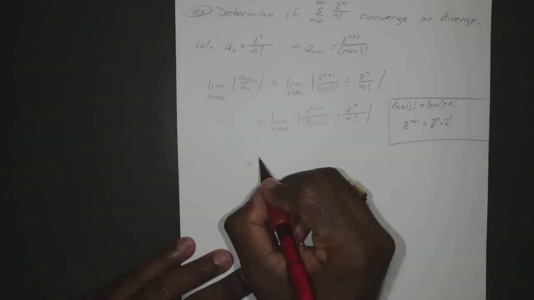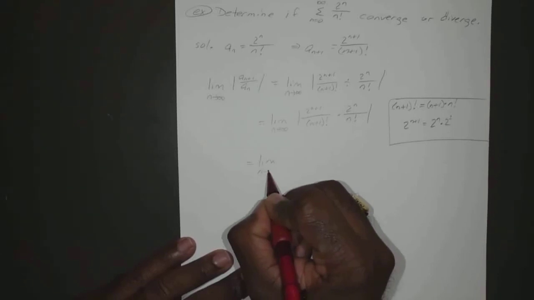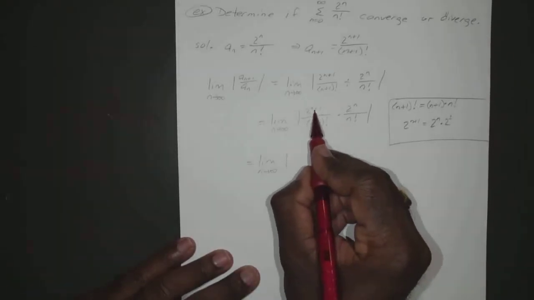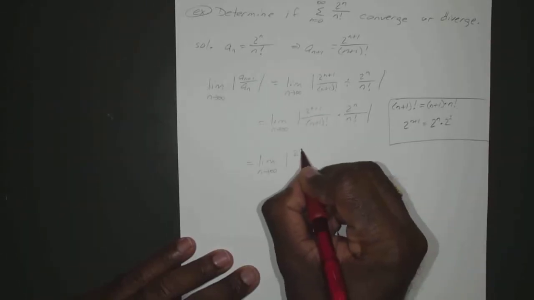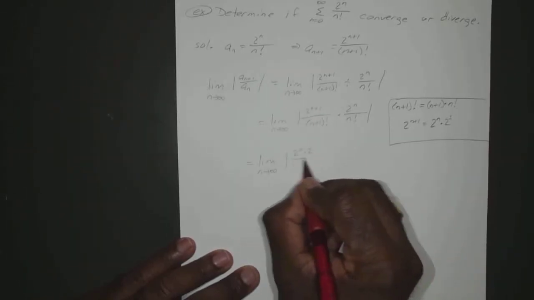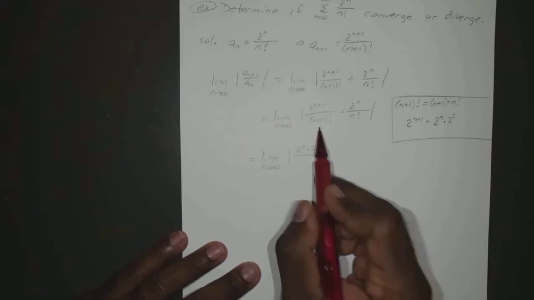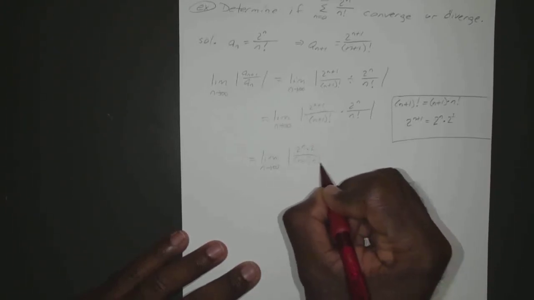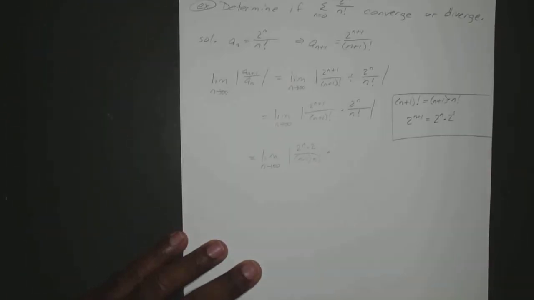So that's going to equal the limit as n approaches infinity of the absolute value of 2 to the nth power times 2 over n plus 1 times n factorial.